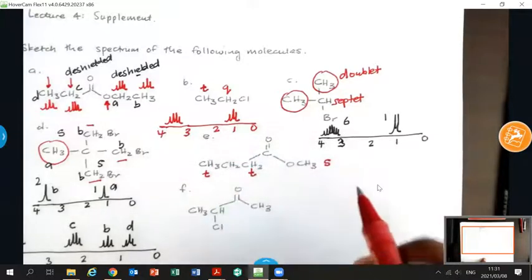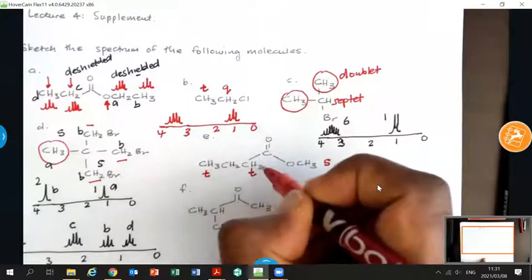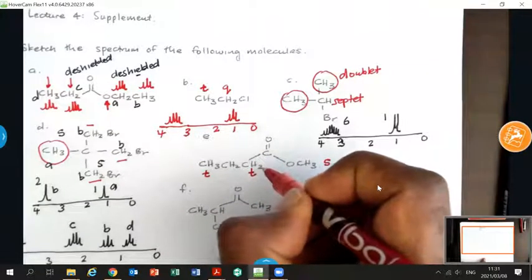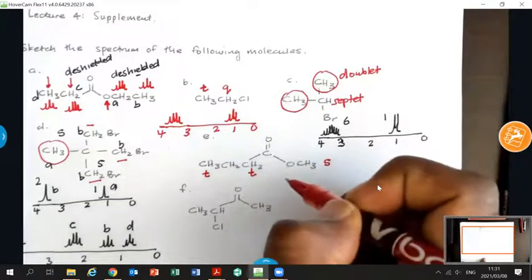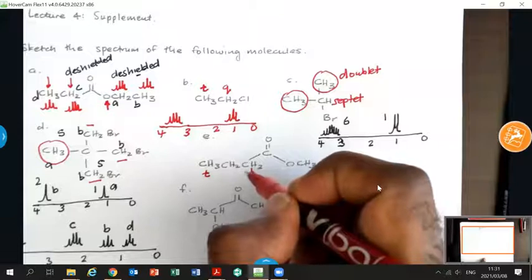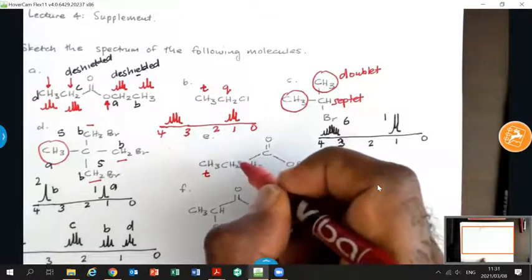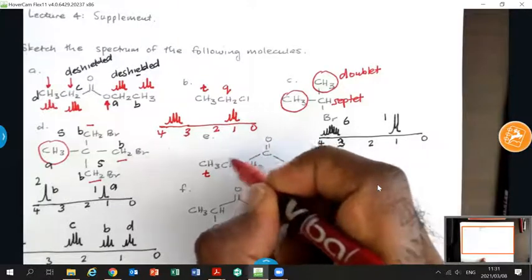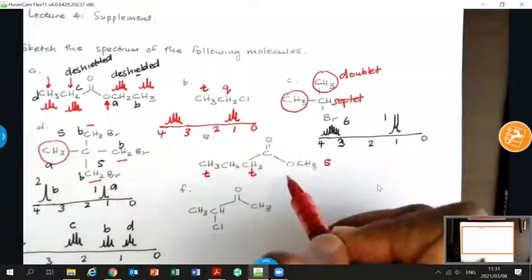So I can't apply the n+1 rule, even though I have neighbors on my left side and neighbors on my right side. I can't apply the n+1 rule and say that I have 5 protons, 5 plus 1 is 6. I can't do that. This is just going to be, in effect, a triplet of quartets, right? Which is 12 lines.